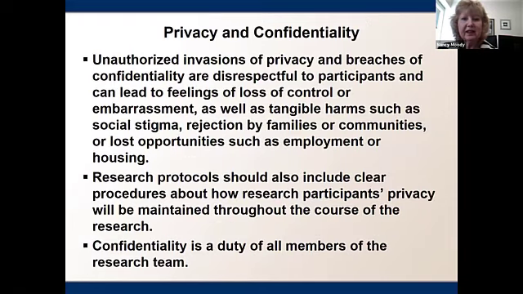So privacy and confidentiality: unauthorized invasions of privacy and breaches of confidentiality are disrespectful, and we want clear procedures on how you're protecting their privacy and maintaining it through the course of the research. Confidentiality is a duty of all members of the research team, and this is changing as students and faculty are doing more and more research on the web and joining social media groups.